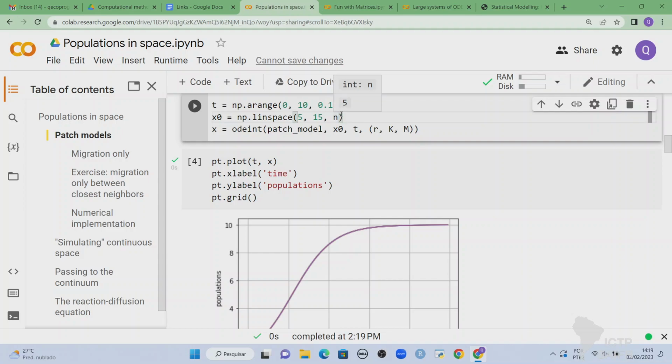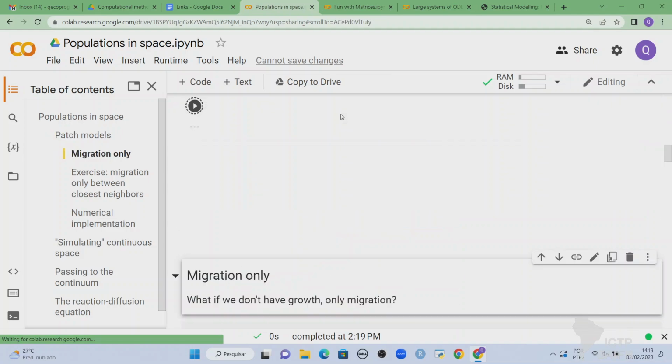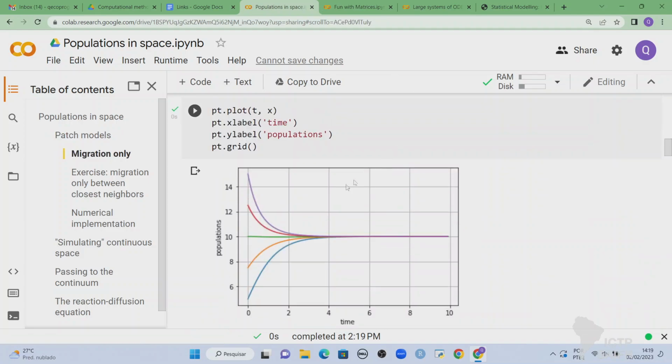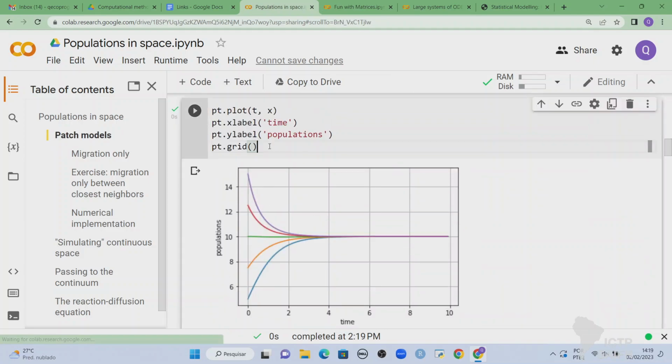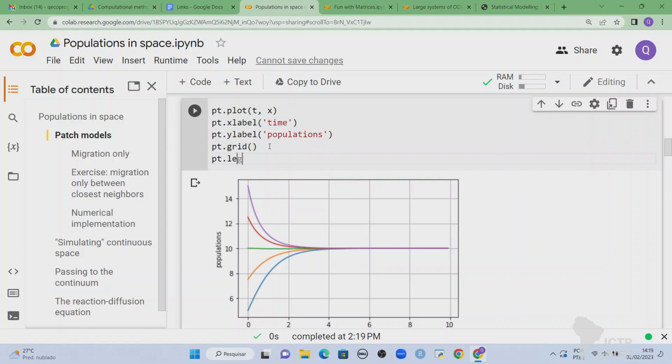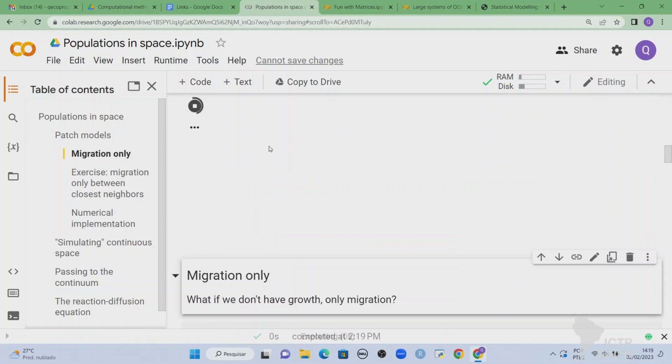So then running this here, it means patch 1 starts here, maybe even put a legend here, 1 to 6. Okay.